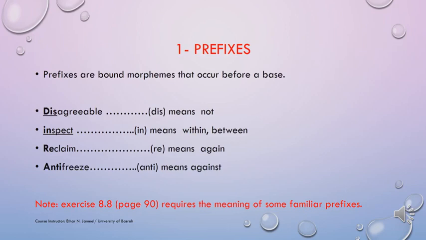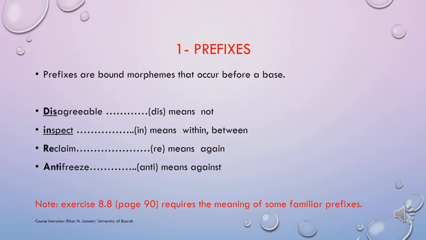Certainly, it is carried by spect. Look within, look between, which means like check, examine, the meaning of this word as a whole. That is why the meaning of the word is carried by the morpheme spect, so it is the base. In comes before the base spect. It is an affix and it is a prefix because it comes before spect.